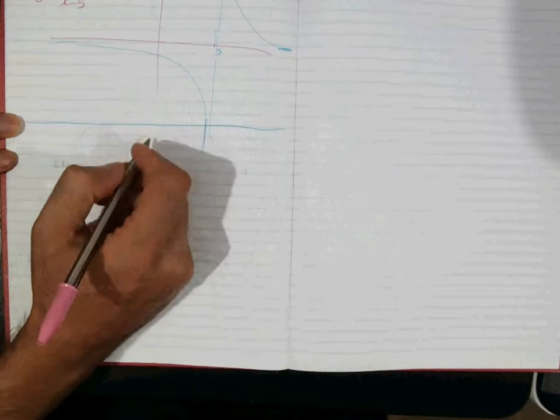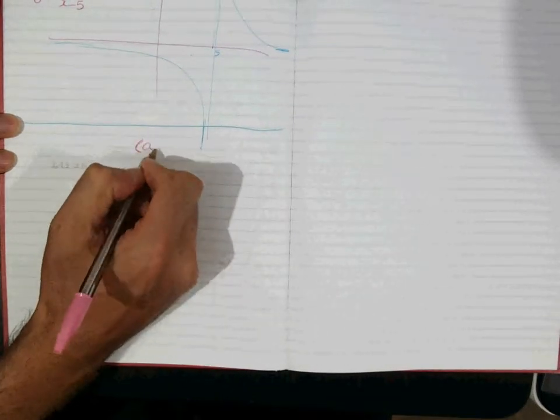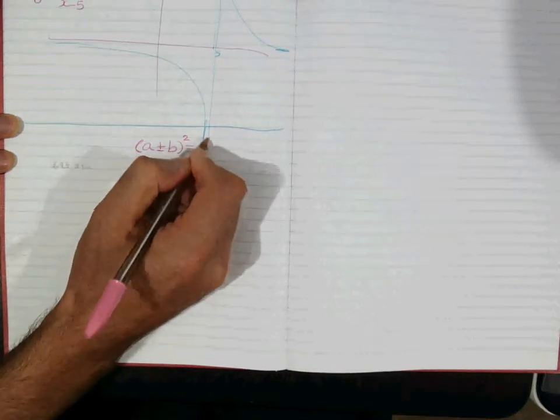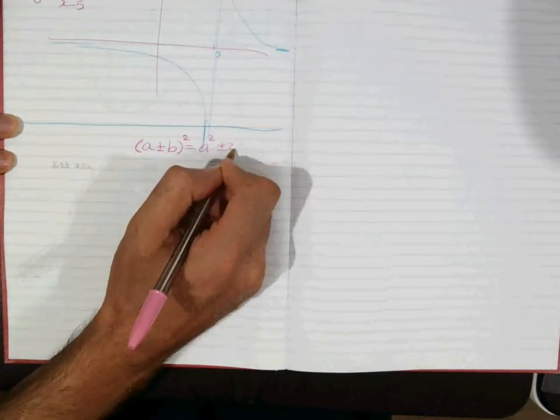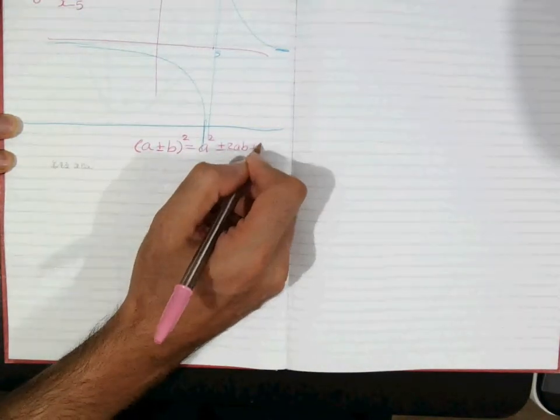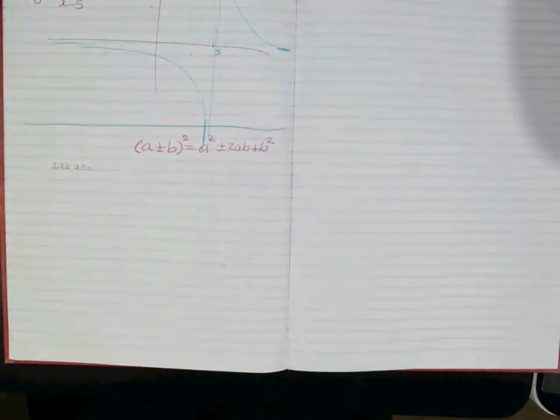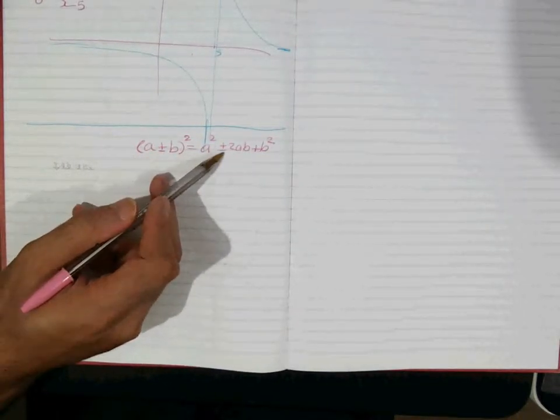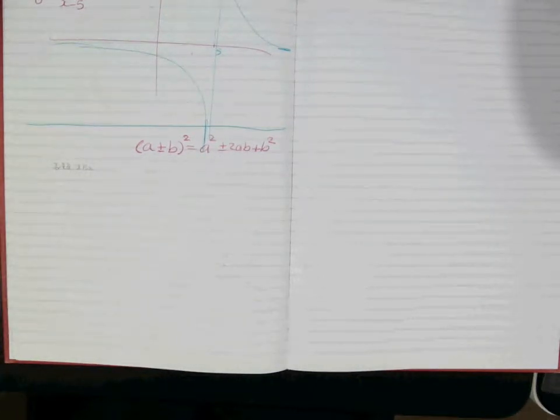Okay, the basis is this. That plus with that plus, and if it was negative, that is negative. Is that clear?